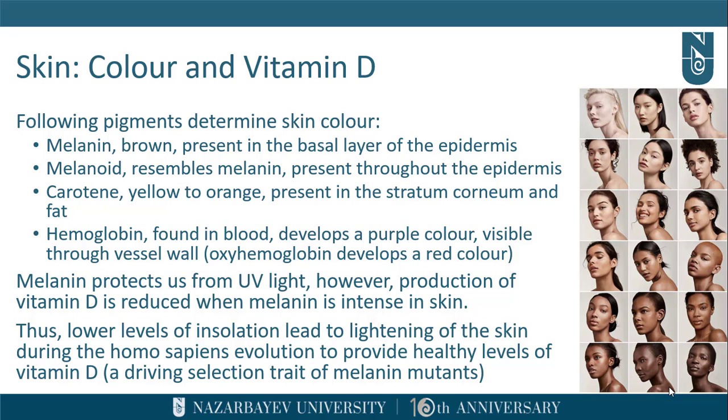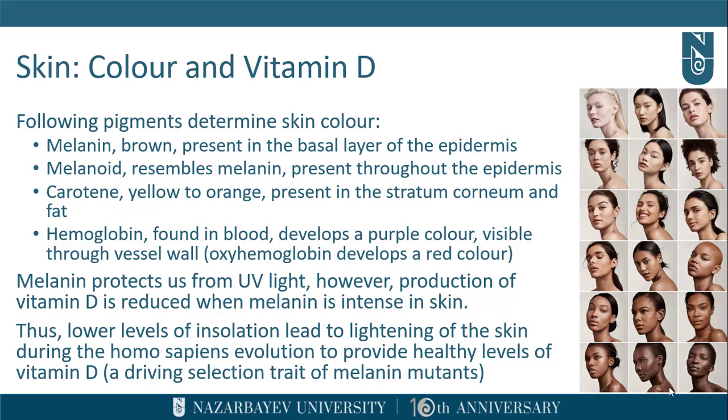So, for instance, when you have a suntan or you go to a tanning salon, you stimulate the production of melanin, and the production of this melanin gives this darker tanned color. Melanoid also resembles melanin, and it's also present in the epidermis.